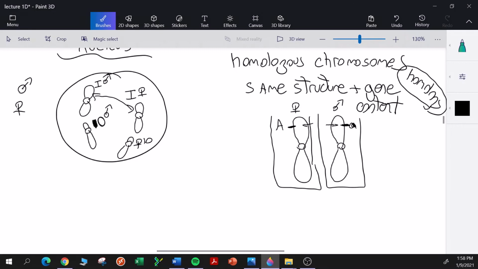They have the same structure, they have the same gene content, the genes are found in the same order, but their DNA sequences may not be identical. Okay, so this is a pair of homologous chromosomes, and I hope you understand what the concept of homologous chromosomes is now. Okay, so now we are ready to talk about mitosis.